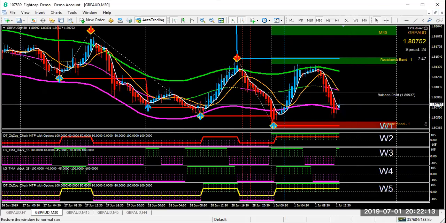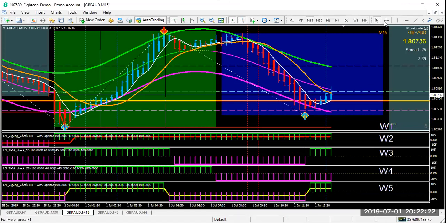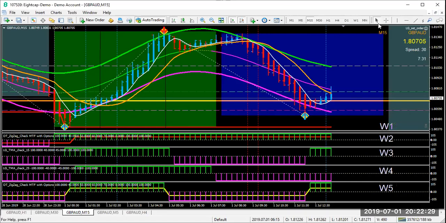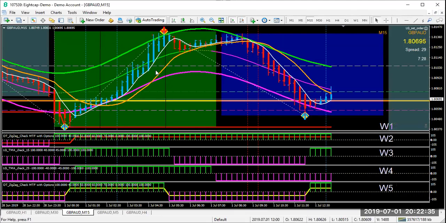Okay, so really price has done a great deal of work already, hasn't it? Why do I say that? It went up 84 pips, came down 78 pips, so there's 250 plus, so that's 150 pips from the confirmed vertical line.